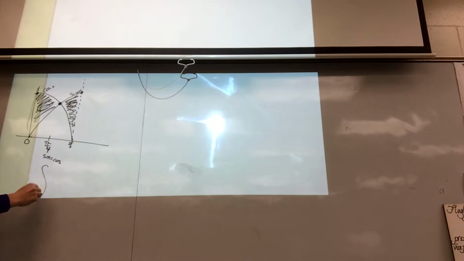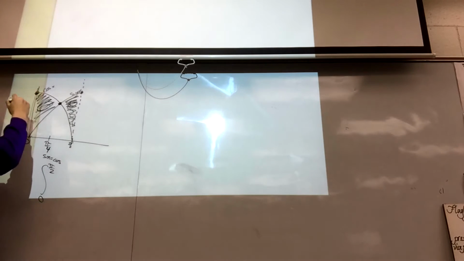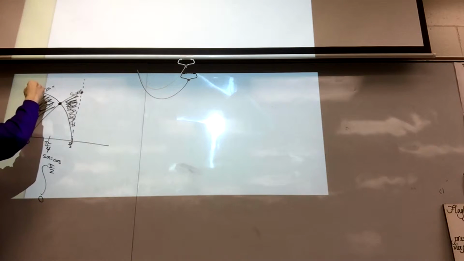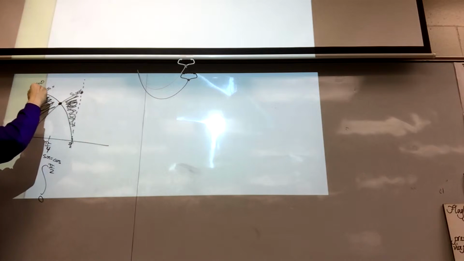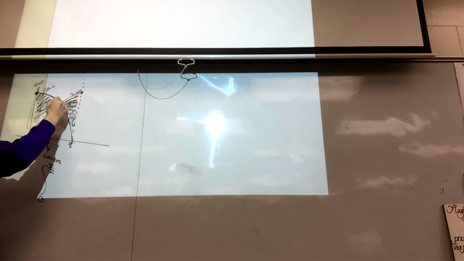I can't just go 0 to pi over 2 in this case, because if I look at this from left to right, from x equals 0 to this point here at pi over 4, the function on top is cosine, and the one on the bottom is sine.